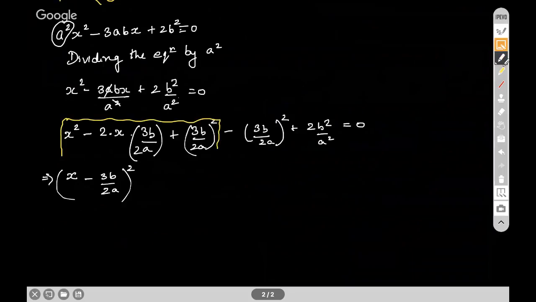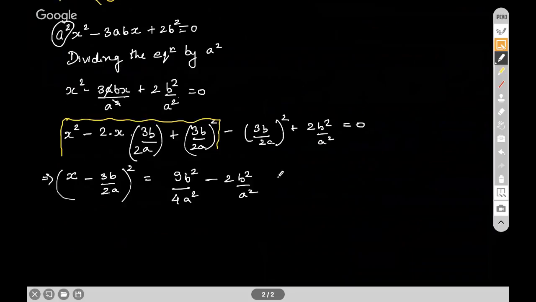Now this must be equated to, taking everything on the other side, 9b square by 4a square, and then the minus sign becomes positive. Here it is negative 2b square by a square. I'm sorry, this is not b square in the denominator, this is a square. I'll write it properly so that you don't get confused; you should also avoid overwriting.